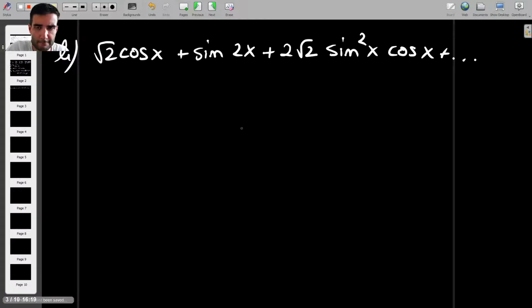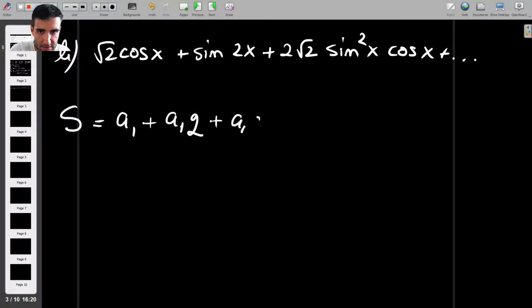Now, let's remind ourselves what the formula for the sum of an infinite sequence is. The sum is given as follows. We have the first term plus the second term, which is just the first term times q, plus the first term times q squared, and so on.